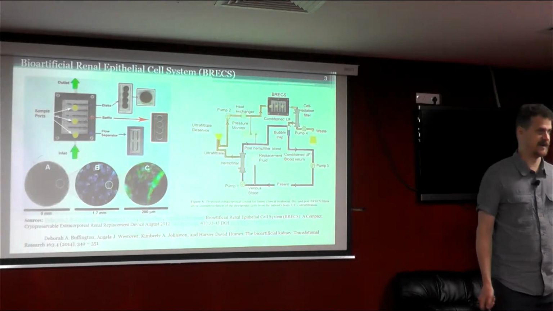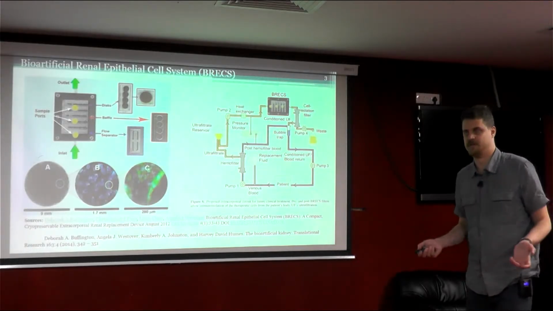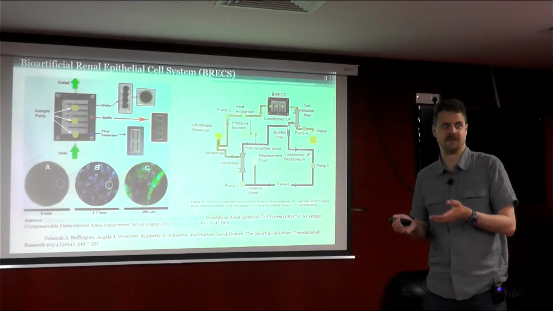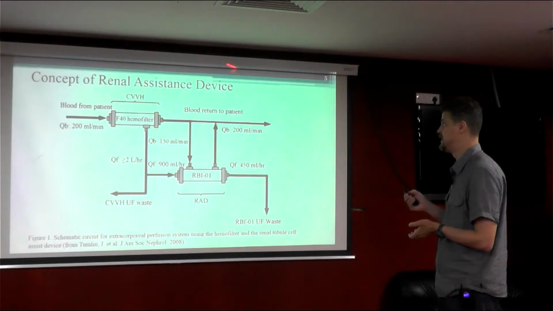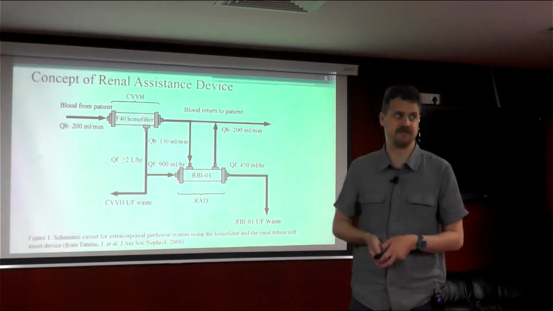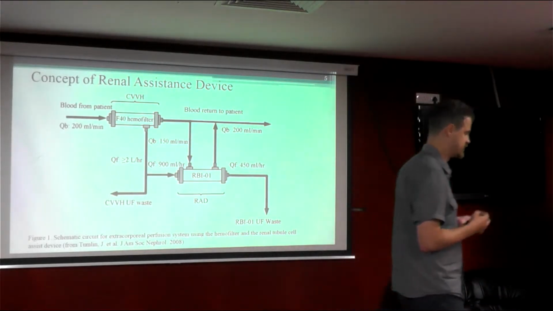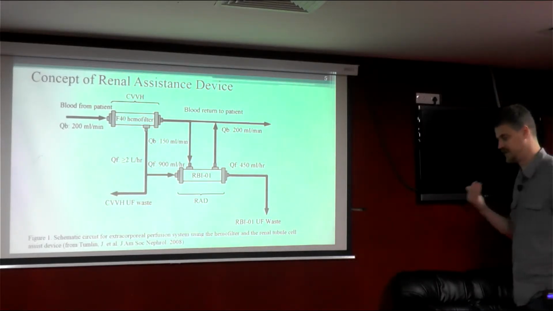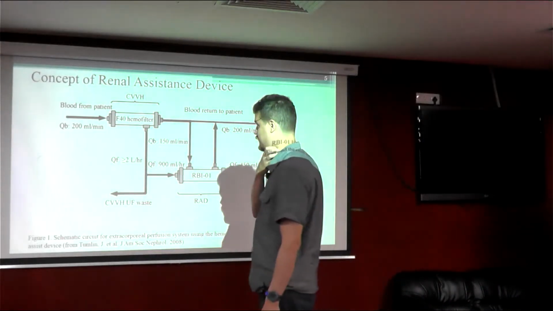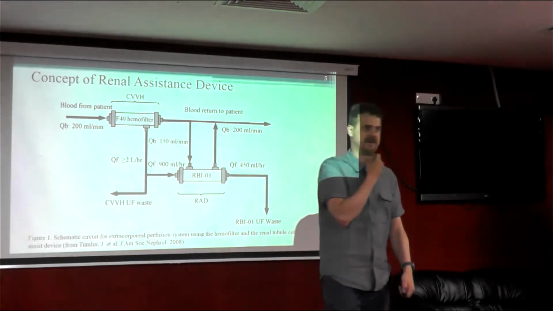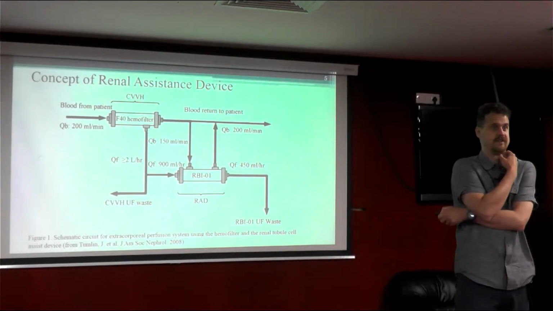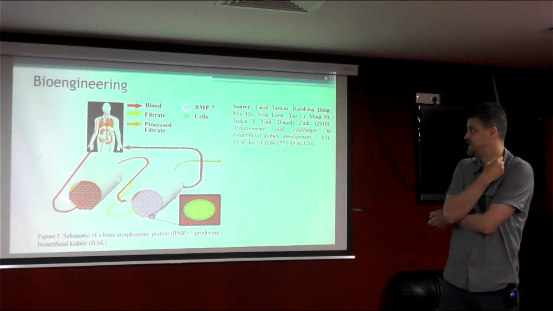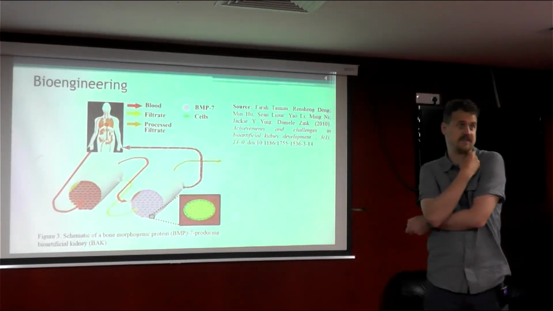So, considering the historical perspective of this problem when we talk about the implantable artificial kidney, and considering the success of the renal assist device, it's logical to suggest that the first idea that came into the developers' heads for this particular issue is an attempt to recreate the renal assist device in terms of an implantable artificial kidney system. And this basically was the next stage of this idea.